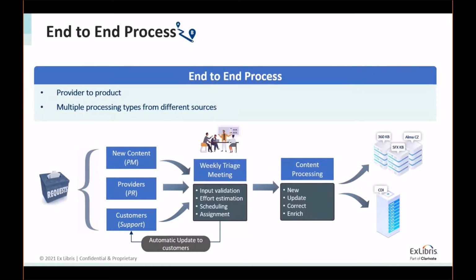It can come from the product manager who prioritizes new content requests. It can come from the provider through the provider relations team, just to add or fix something related to their content. And it can come from the customer through the support team. Basically, such requests require operations team involvement, and this is the point that we step in.